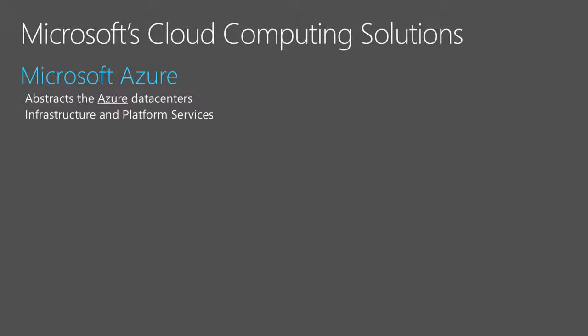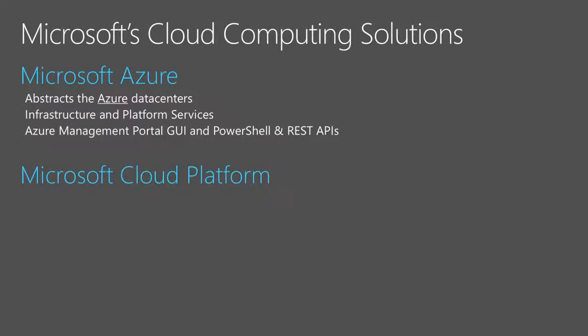Of course, with Azure, we provide both infrastructure and platform services. And as I said, the interfaces we have there are our management portal, our REST, and our PowerShell APIs. Now, we also have what we call the Microsoft Cloud Platform. We used to refer to this as Cloud OS in our previous marketing.